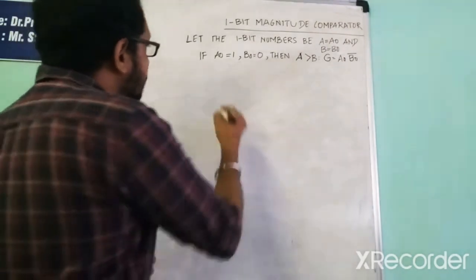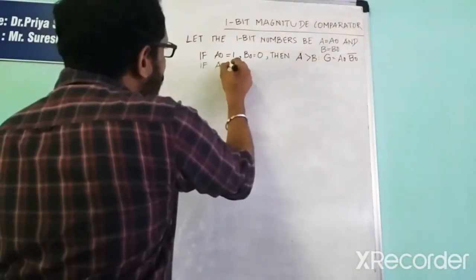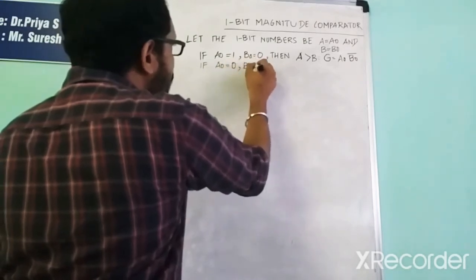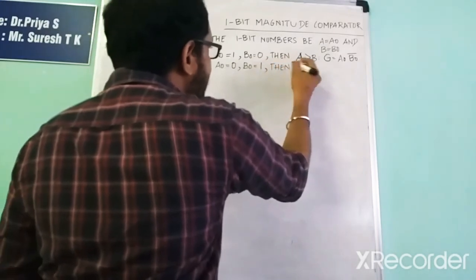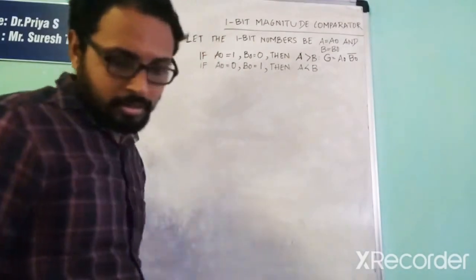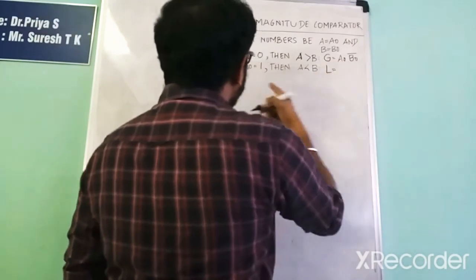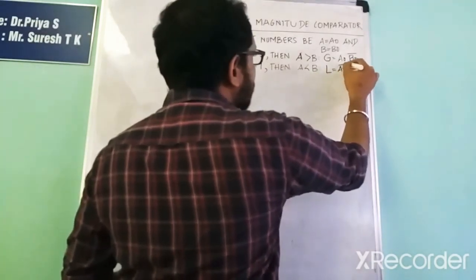The next condition is if A0 is equal to 0 and B0 is equal to 1, then A is less than B. So we write L equal to A0 bar B0.